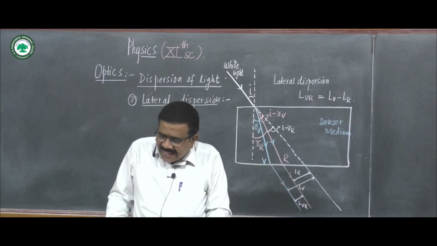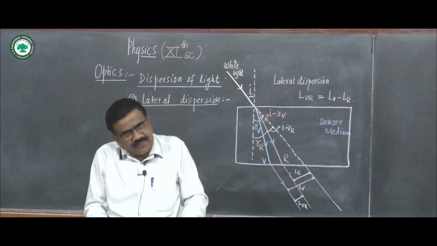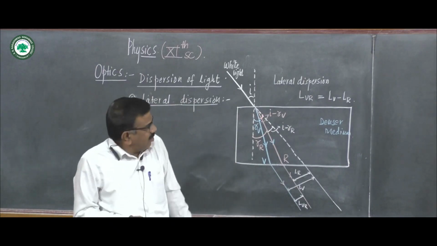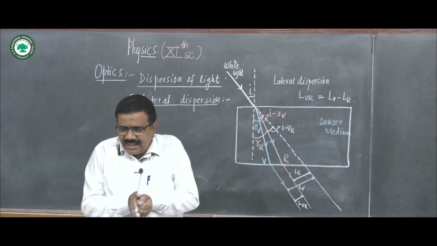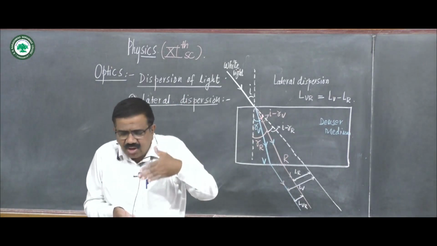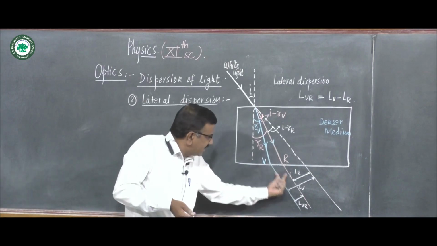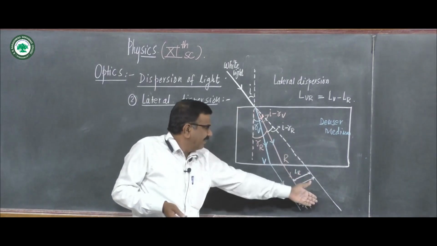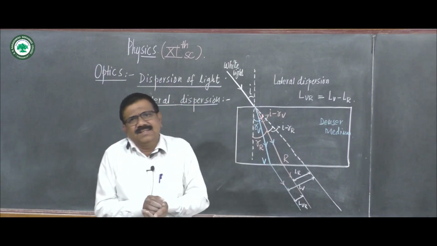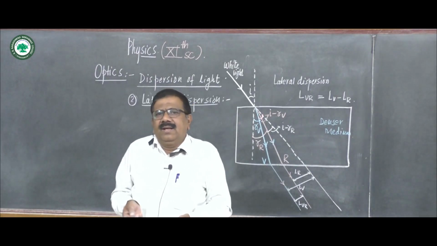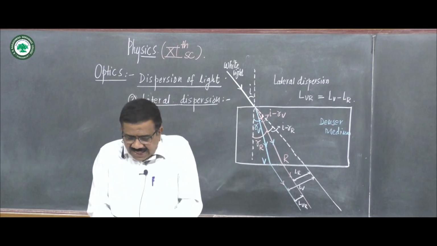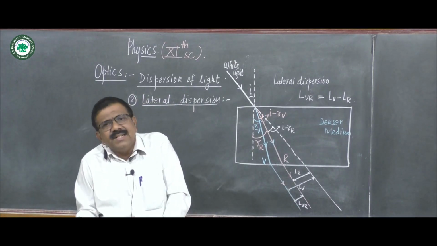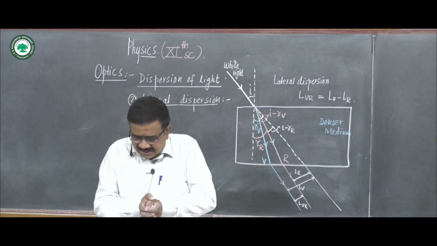It is measured as the perpendicular distance between the direction of the incident ray and the respective directions of the dispersed emergent rays. Perpendicular distance. Angular dispersion is in terms of angles. This lateral dispersion is in terms of distance.